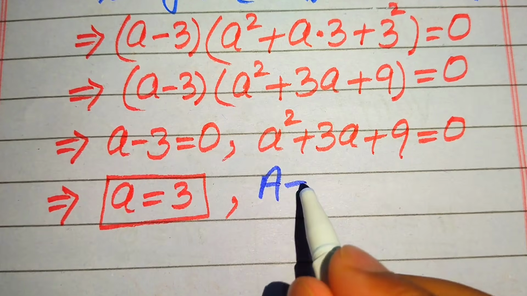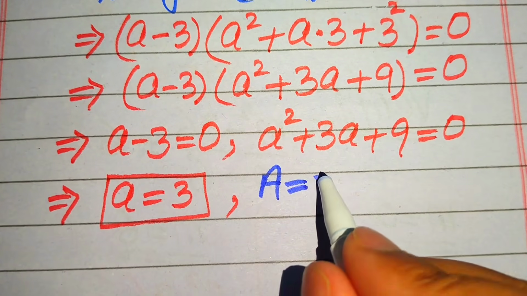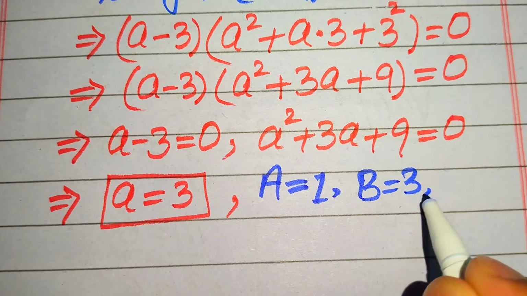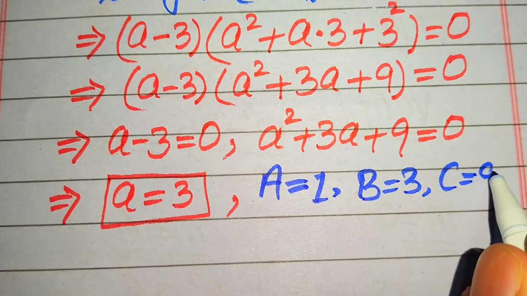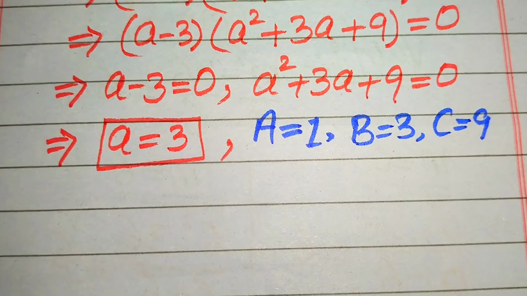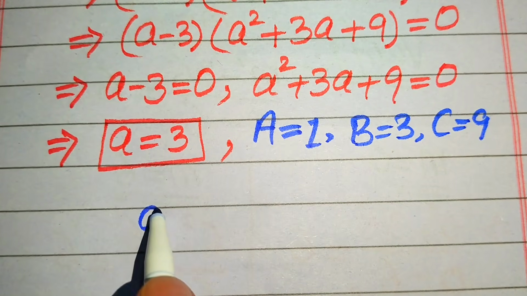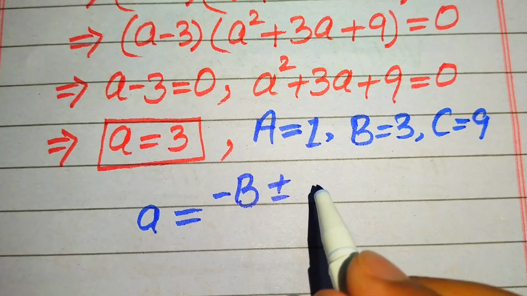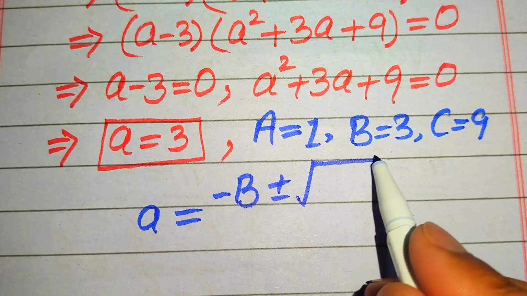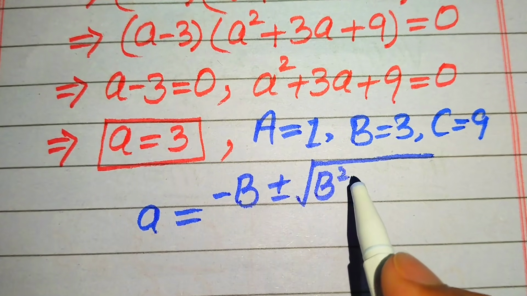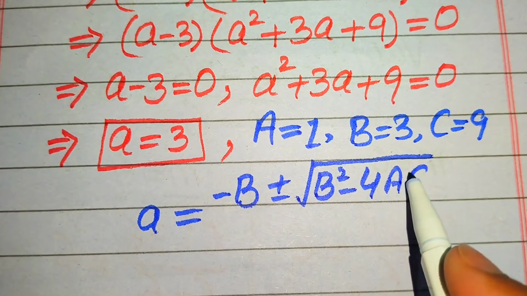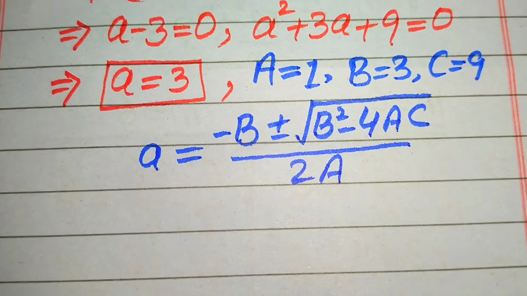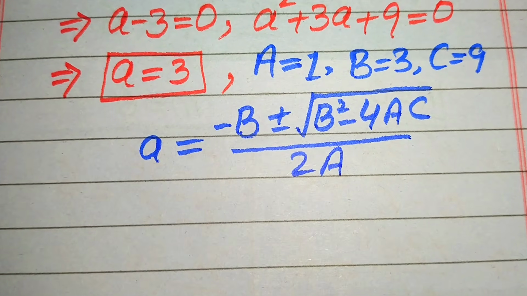For this we write the coefficients of this equation: capital A is equal to 1, capital B is equal to 3, and capital C is equal to 9. We state the quadratic formula as a equals minus b plus minus square root of b square minus 4ac, divided by 2a.